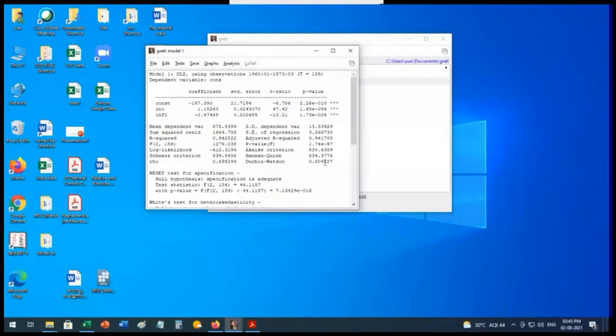Now see, here we find R squared greater than the Durbin-Watson statistic. Got the idea? If we have a situation like this, then the corresponding regression is said to be a spurious regression. So this is actually a spurious regression. Spurious regression means it is not a valid regression.